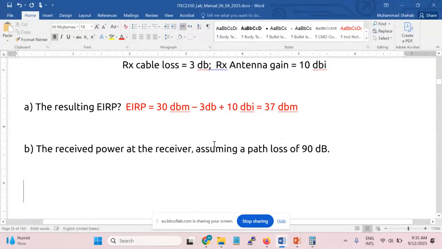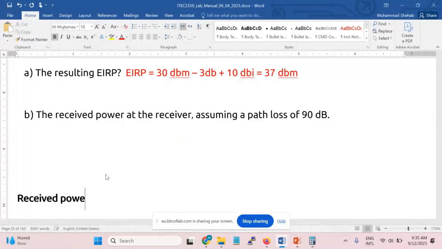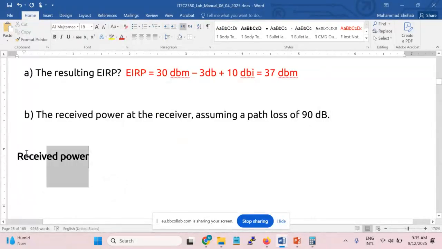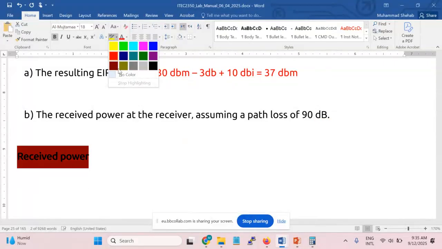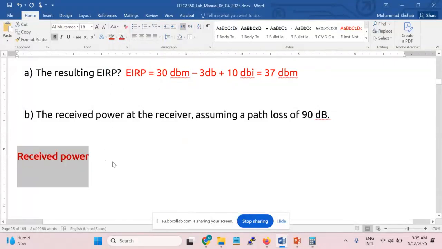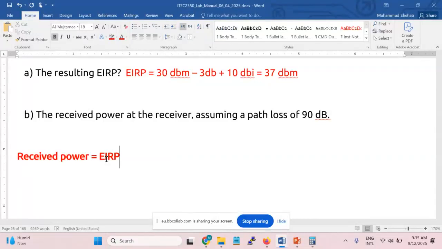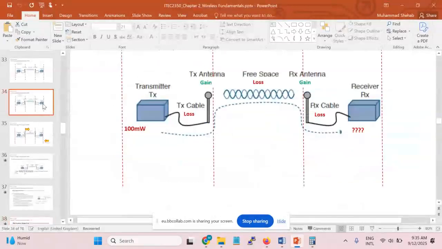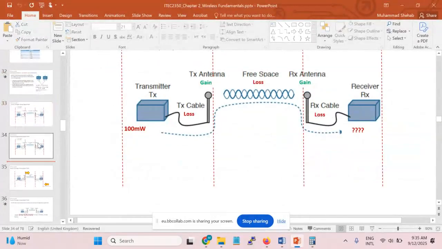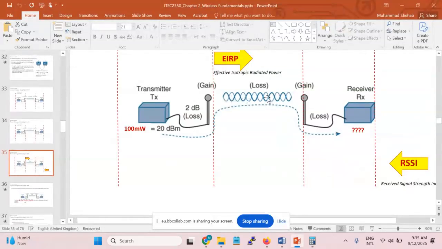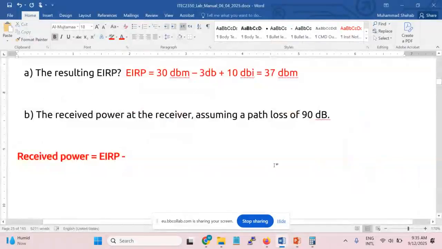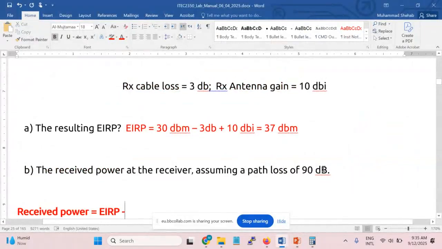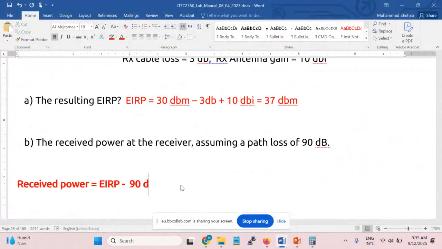How much is the received power at the receiver? The received power at the receiver equals the EIRP minus the path loss between the transmitter and the receiver. How much is the path loss? 90 dB.